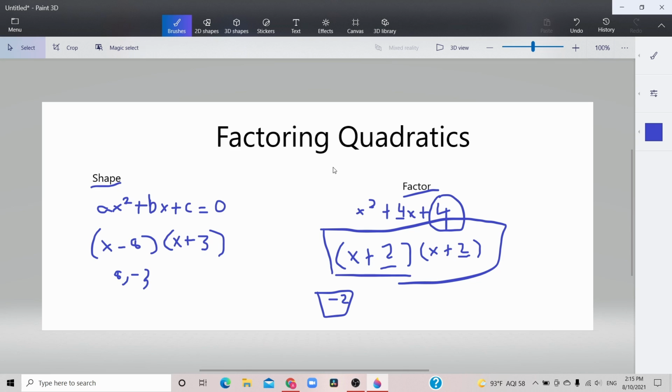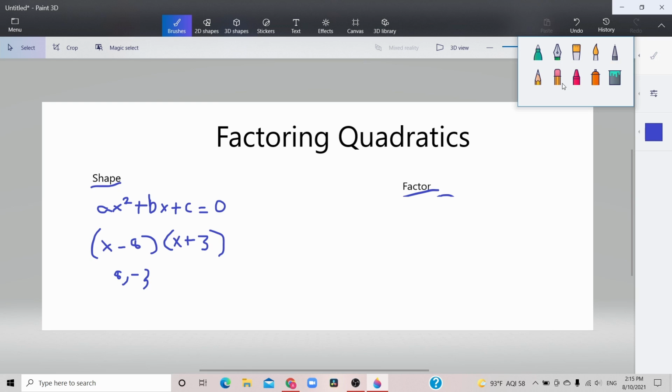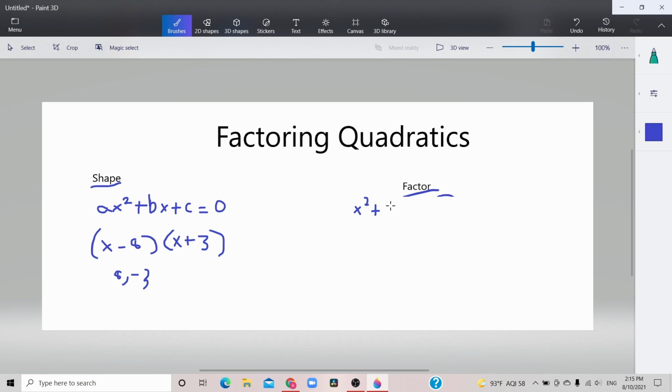Okay, so now let's try a different type of equation. Let's say x squared again, but instead of plus 4x plus 4, we'll say plus 9x plus 18.